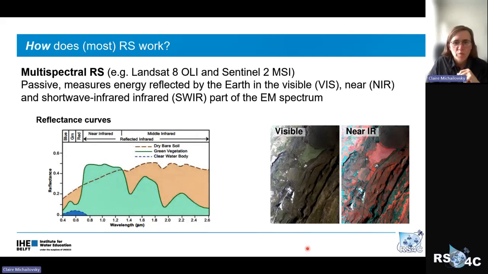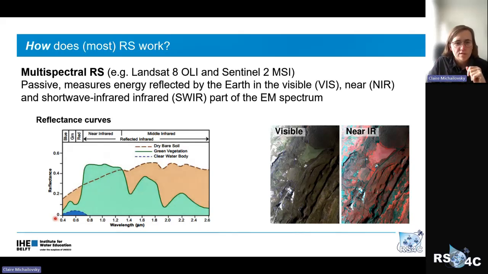If we look in a little bit more detail, what we use with multispectral remote sensing data typically are called reflectance curves. This tells us, for each type of land cover and each wavelength, how much of the incoming radiation is reflected. Each land surface will absorb a certain amount of radiation at a specific wavelength and reflect a certain amount.